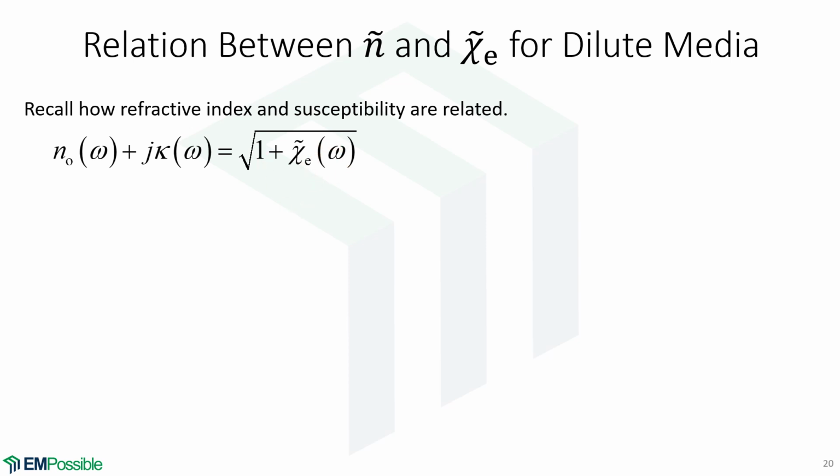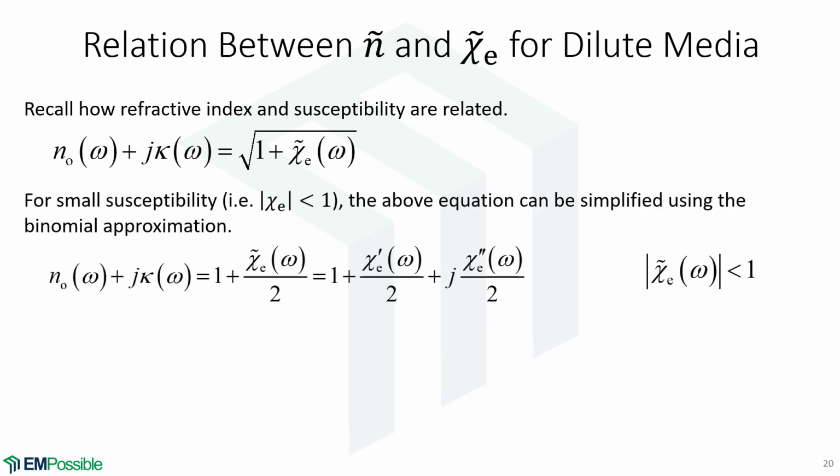Now, if we have a dilute media, and this susceptibility is rather small, and in fact, if it's less than 1, we can use the binomial approximation to get rid of the square root. And instead of having the square root of 1 plus the susceptibility, it's 1 plus 1/2 the susceptibility. And of course, we can write this in terms of the real and imaginary parts of susceptibility with this requirement to use the binomial approximation. So we're limited here in what the susceptibility can be. Thus, we're calling this dilute media.